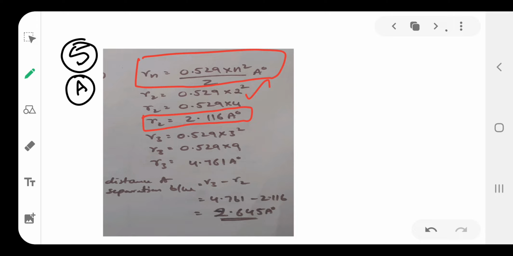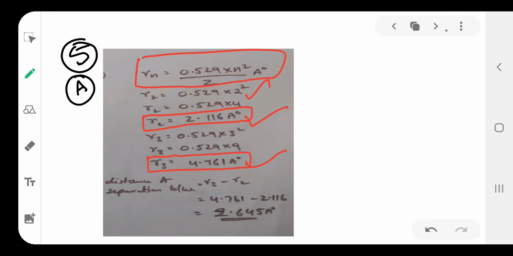The second orbit radius is 2.116 angstrom units. The next one is the third Bohr orbit: 0.529 into 3 square, n square means 9. Then R3, the radius of the third Bohr orbit, is 4.761 angstrom units. This is the radius of the third Bohr orbit and this is the radius of the second Bohr orbit. Then the distance of separation between the second and third Bohr orbit means third Bohr orbit minus second Bohr orbit.